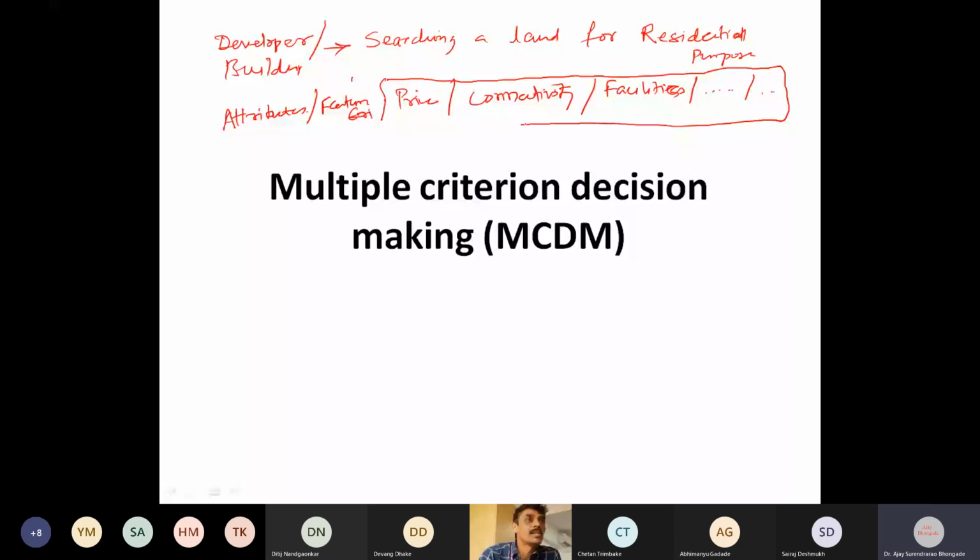And he may have alternatives. We can call land A available to him. Similarly, land B is available to him, and land C is available to him. These are the various sites available.